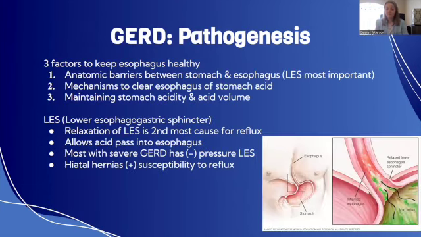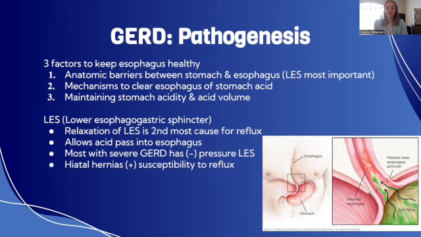There are 3 factors that help keep our esophagus healthy. The first factor is making sure the anatomic barriers between the stomach and esophagus are working. The lower esophagogastric sphincter, or the LES, is the most important for this. The second is making sure the mechanisms to clear the esophagus of the stomach acid are working properly. And the third factor is to maintain stomach acidity and acid volume.